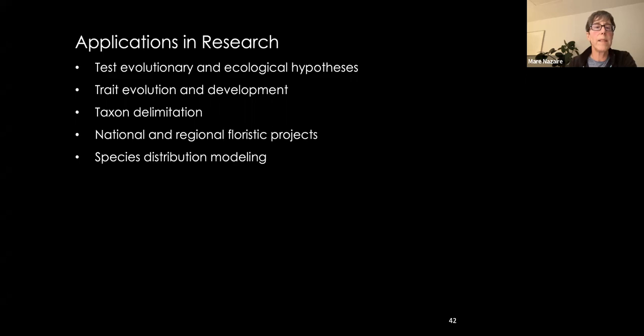The digitization can also help with national and regional floristic projects and also species distribution modeling to look at how climate change may influence how these plants adapt or migrate or go extinct with climate change.